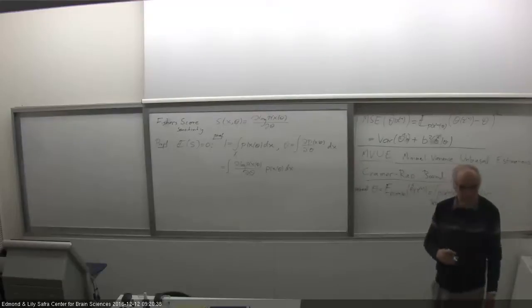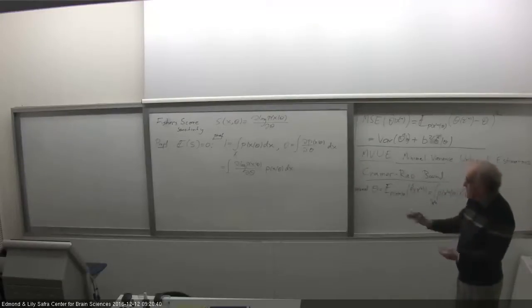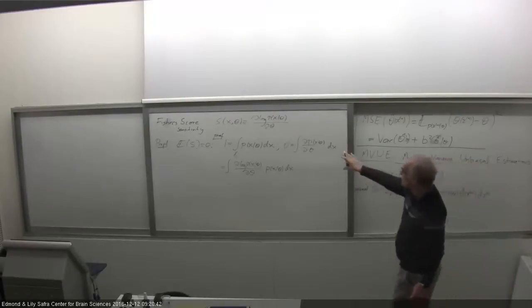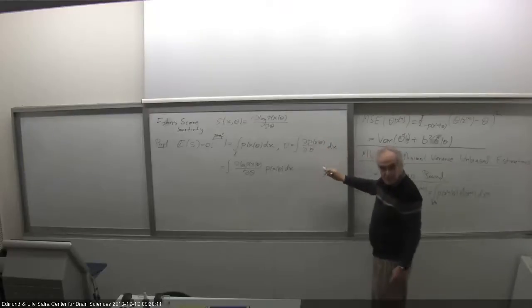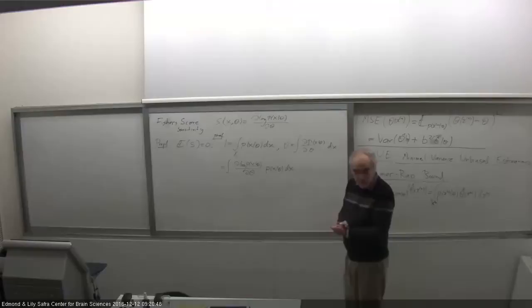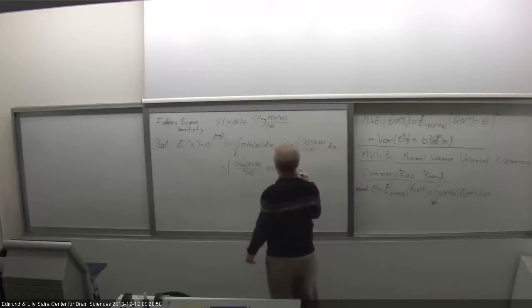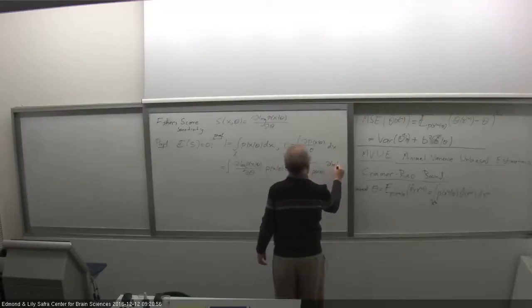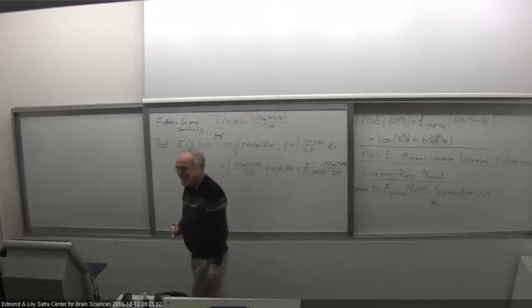This is one of the advantages of taking logarithms. But this is an expectation. This was not an expectation. This is an expectation because I average with respect to the distribution measure. So this is indeed the expectation with respect to x of d log p. Which is what I wanted to prove.